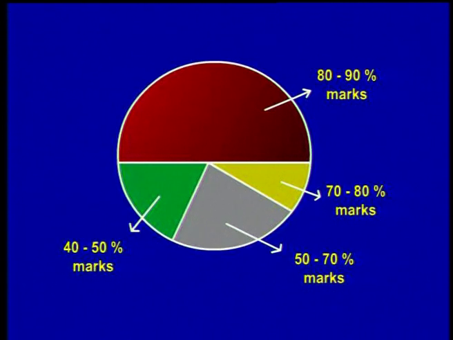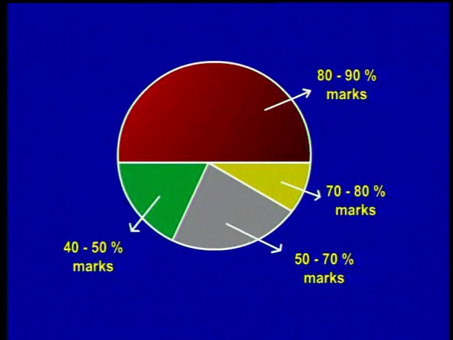Look carefully at the picture which is there before you. You will see that half the circle, or 50% of the class, denotes students who have secured marks between 80 and 90%. The slice which shows 70 to 80% is just about short of a quarter of the circle.